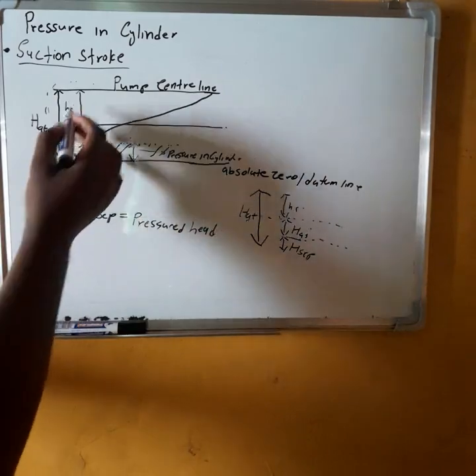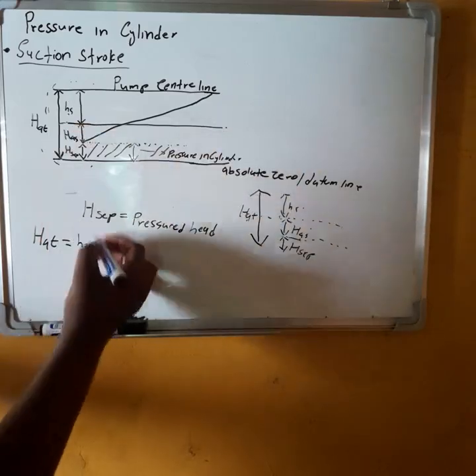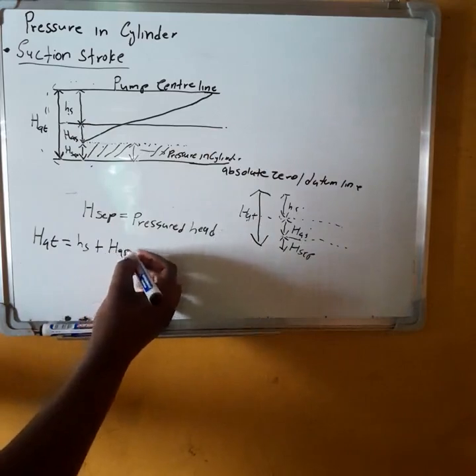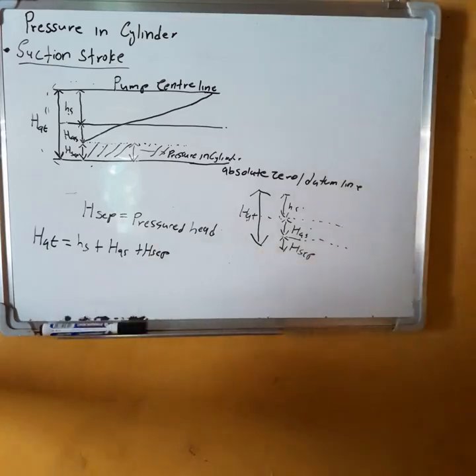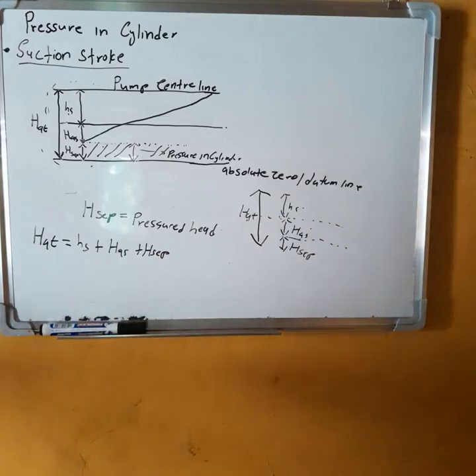H80 must be equal to the sum of these. Here we have HS plus HAS plus H separation.